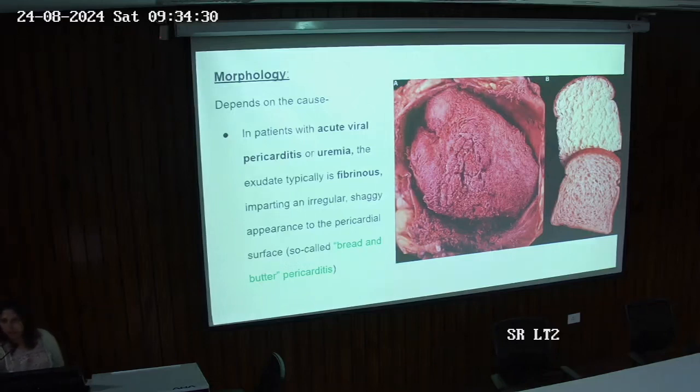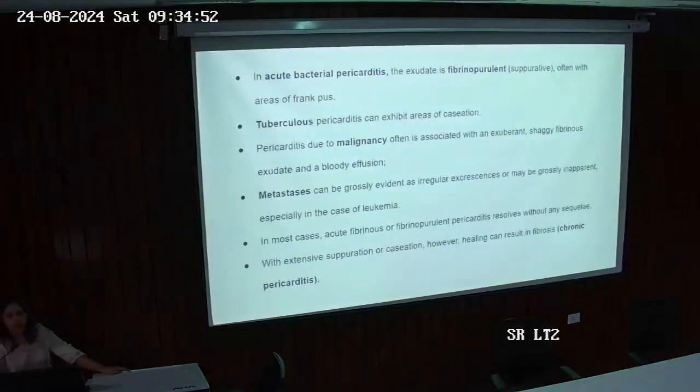Now you will hear this a lot. What is the meaning of bread and butter pericarditis? When you put butter in between bread and you remove it like that. Here is the picture. This is how it looks. See? It looks like that. And that is the reason why it's called bread and butter pericarditis.